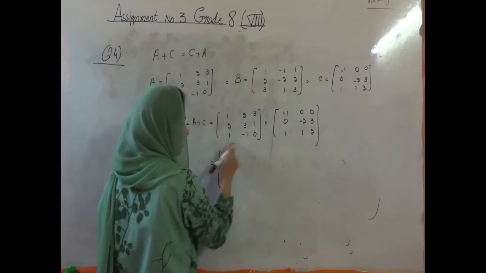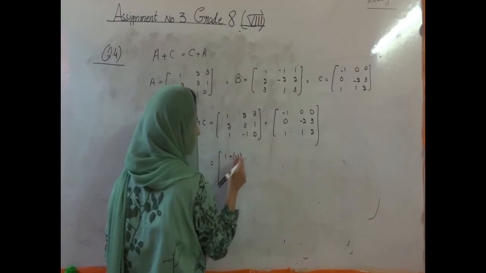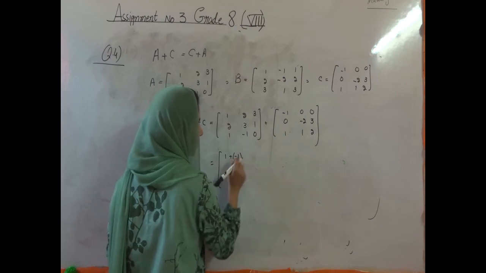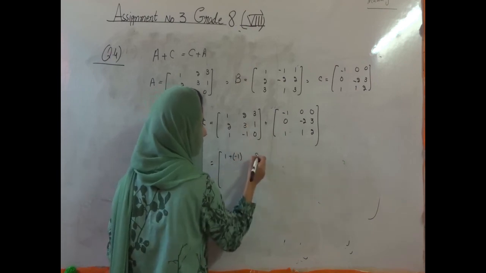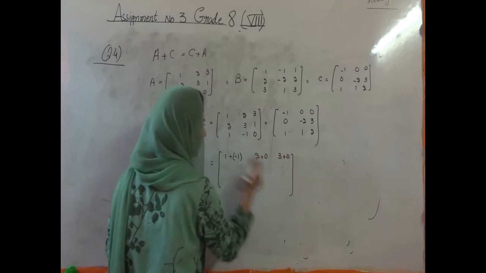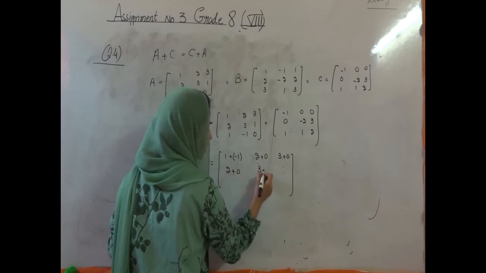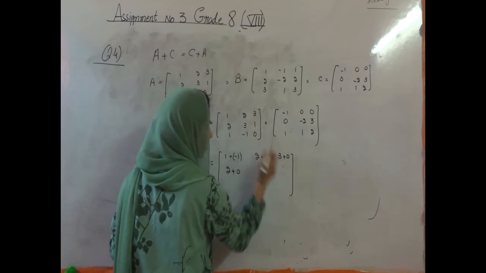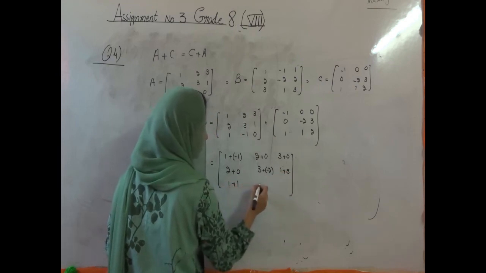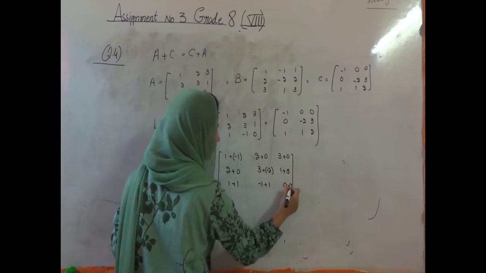So add these two matrices: 1 plus bracket minus 1, because 1 already has its own sign. Then 2 plus 0, 3 plus 0, 2 plus 0, 3 plus minus 2, 1 plus 3, 1 plus 1, minus 1 plus 1, 0 plus 2.